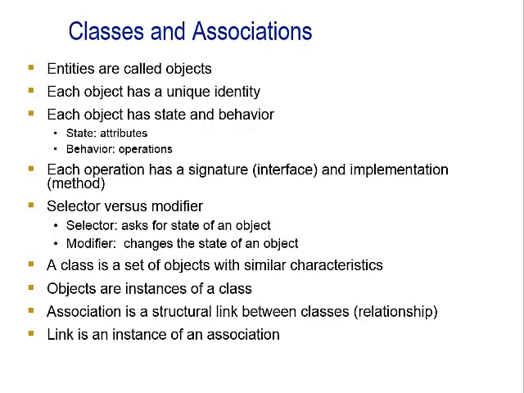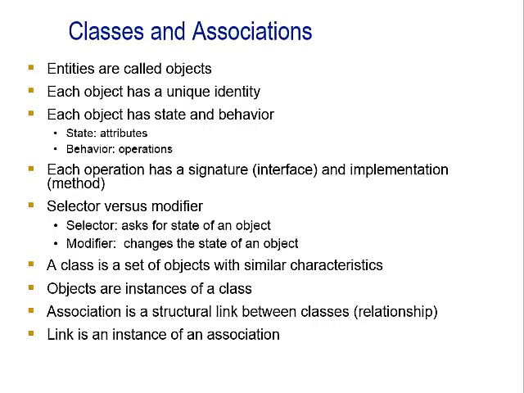Each operation has a signature, interface, and an implementation method. So, if we look at the operation is passed, then the signature is passed, that's the name, and the implementation is then a piece of code that comes with it which verifies whether the student has a mark above 10, let's say. So the implementation actually provides us with how the operation should be conducted.